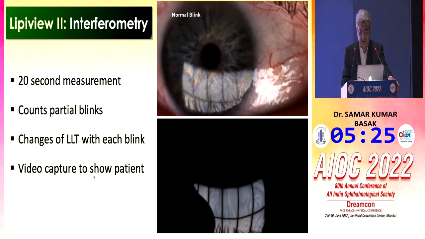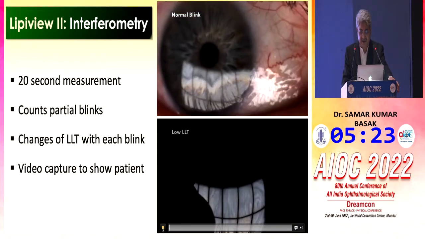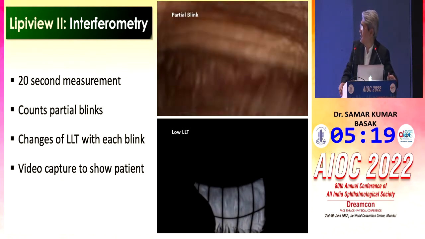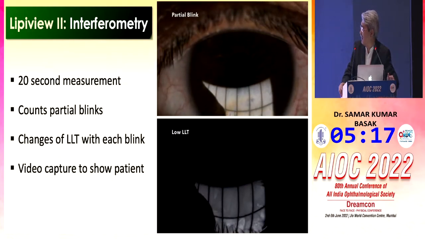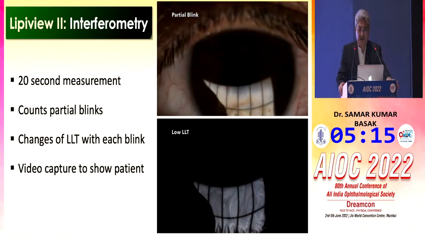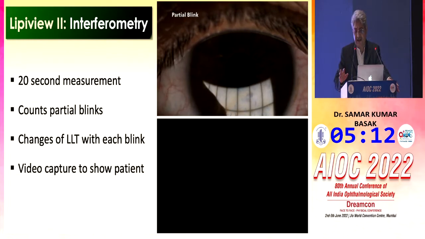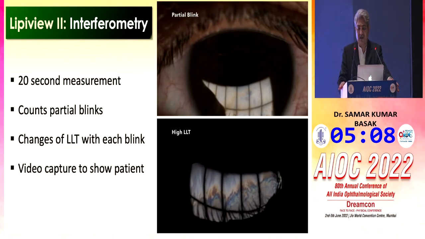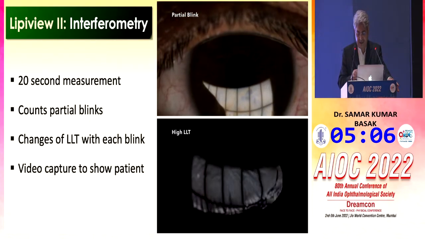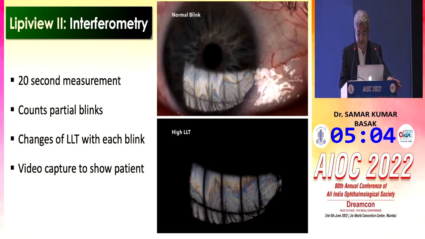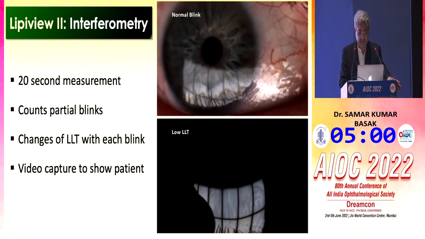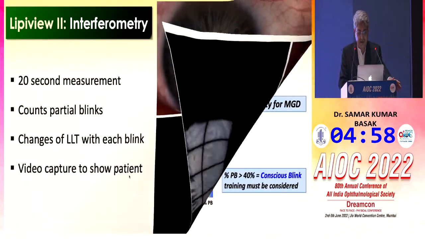Compared to the lower one, where the movement is sluggish and not so colored like the upper one. From the video capture, you can identify that there is some problem in the lower patient. The height of the LLT is calculated by the software system to know what is going on.